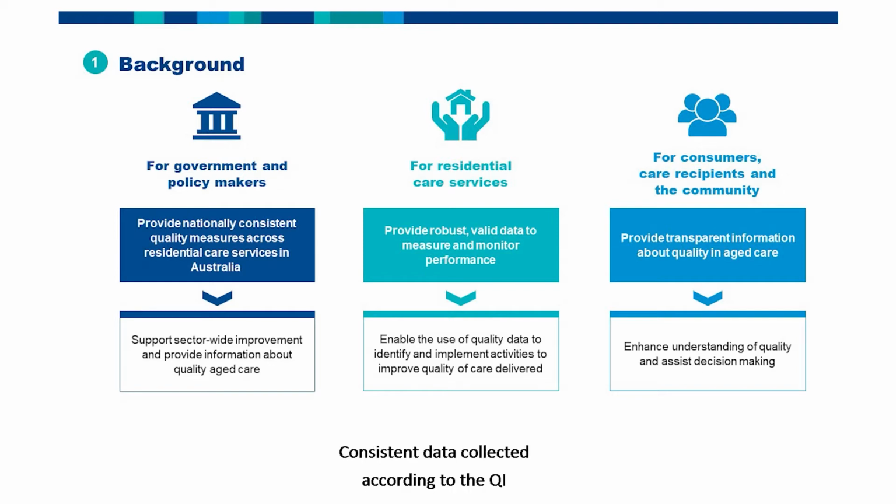Consistent data collected according to the QI program requirements shows providers what is working well and areas of care that may need improvement, and can support providers and aged care teams to engage in continuous quality improvement and achieve better care outcomes together. Over time, the QI program data will give consumers and their families information to make more informed decisions about the care they receive. The data will provide insights and empower consumers with transparent information.